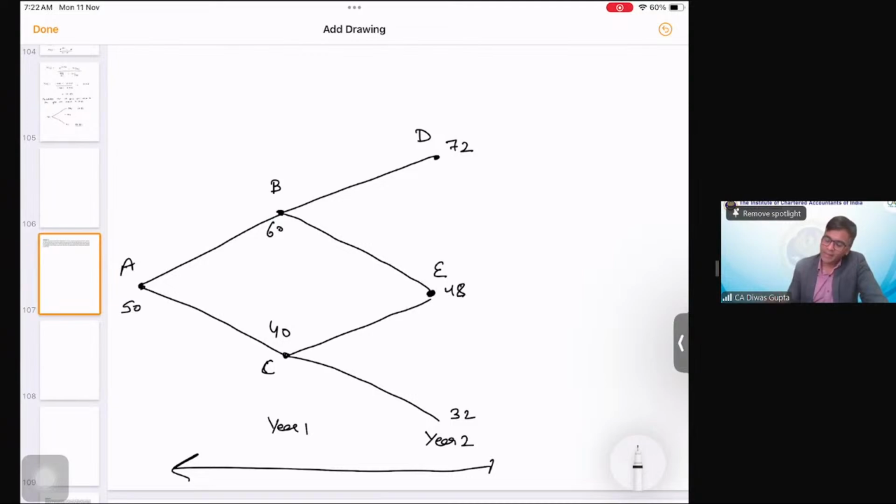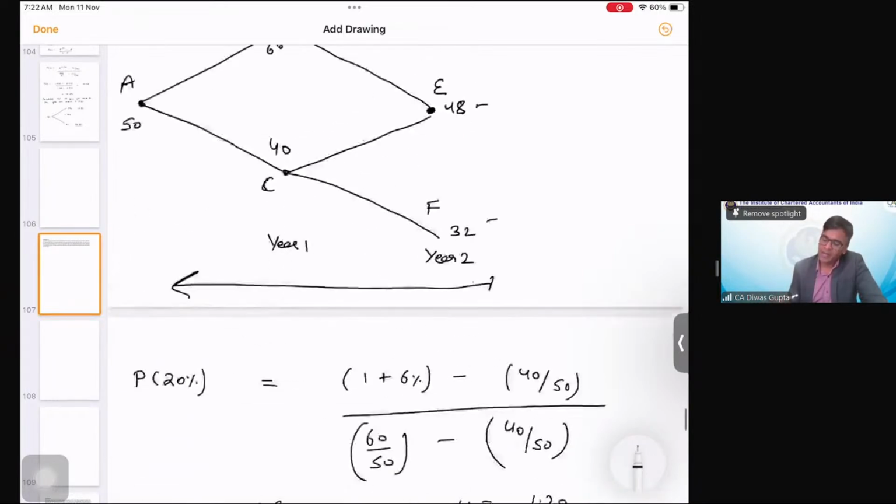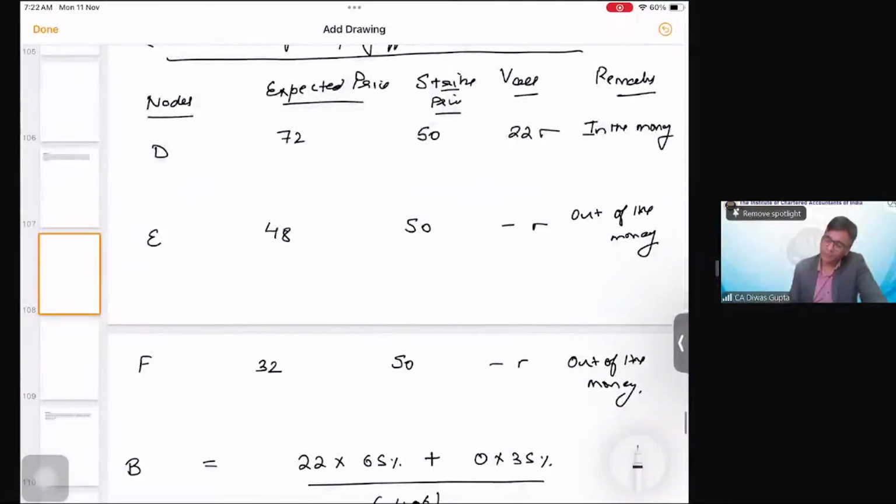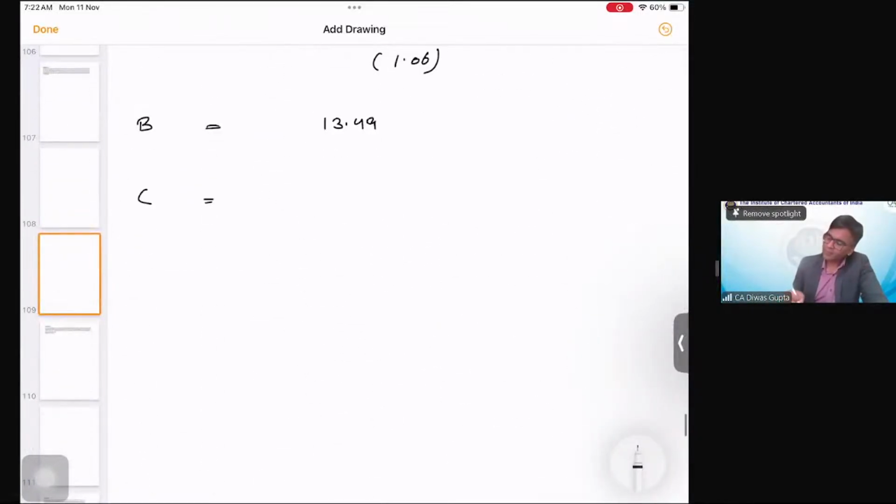Then at C, there are two different possibilities, E and this is F. Okay, E and F. So both E and F are having zero payout. So 0 into 65% plus 0 into 35% divided by 1.06. So this becomes 0.